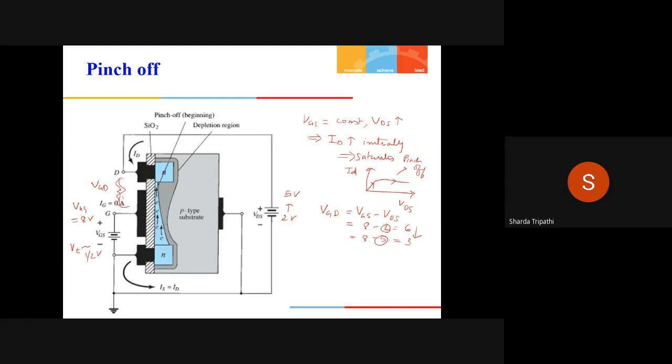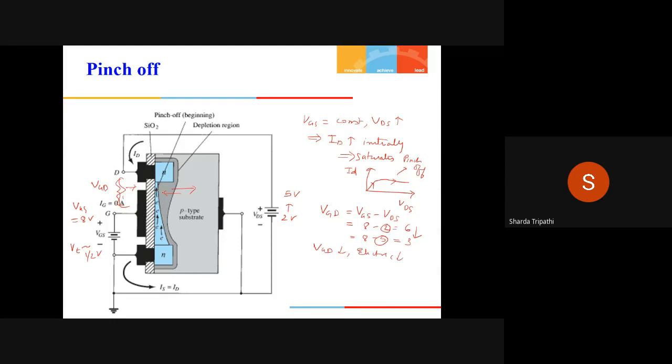And once the voltage over here reduces, that means the force which was being exerted over here, जिसकी वजह से holes were pushed inside and electrons were attracted towards this silicon dioxide layer, this force also reduces with the reduction in VGD. VGD reduces, the electric field also reduces.